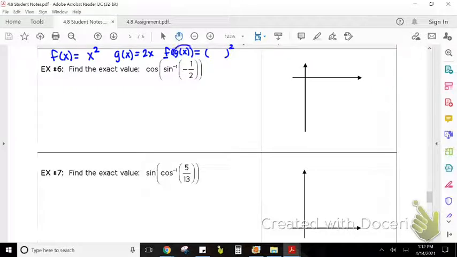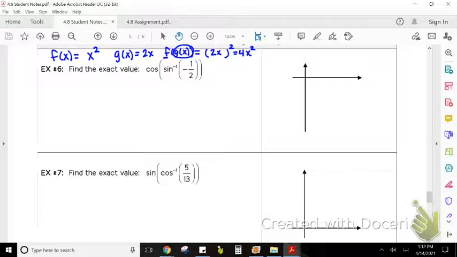And we plugged in what was on the inside, so we're going to plug in the 2x. And then we just worked it out and got our answer, didn't we? Okay, well, we're going to do the same thing here. We're going to work the inside to get the answer for our outside.